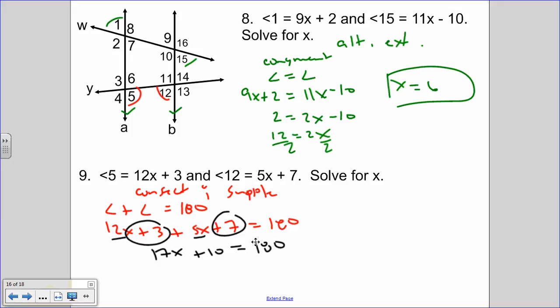Bring down the equals and the 180. Now subtract 10 on both sides. You would have 17x equals 170. Now divide both sides by 17. So x equals 10.